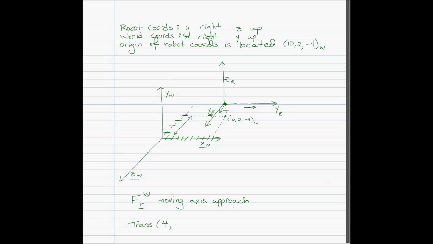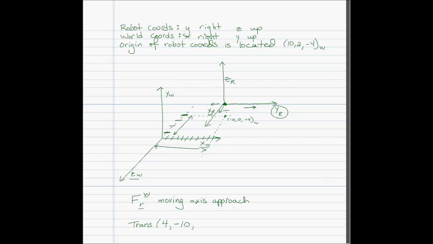Of course, we want to move this distance here, from our coordinate frame up to here, which was 10 units. But it's a distance of 10 units in this direction, which happens to be the negative y sub robot direction. So we're going to translate negative 10.